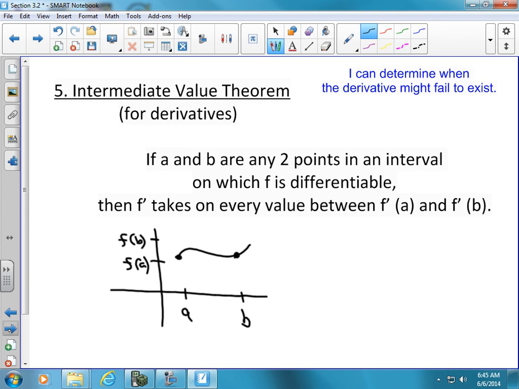Now, what the intermediate value theorem for derivatives says is that the same is true for derivatives, that all your derivative values are going to be hit between the derivative at a and the derivative at b. So this is true when the y-axis is a function. This is true when the y-axis is your derivative, or slope of the curve.